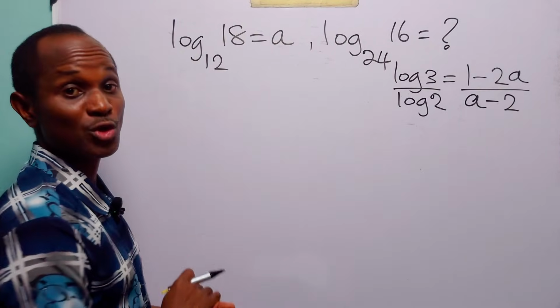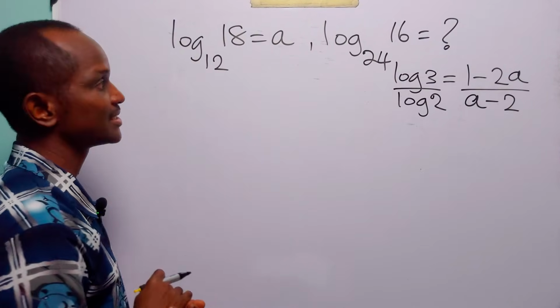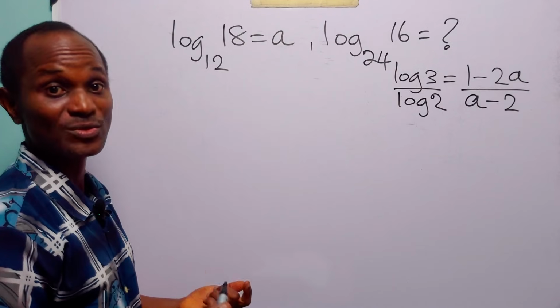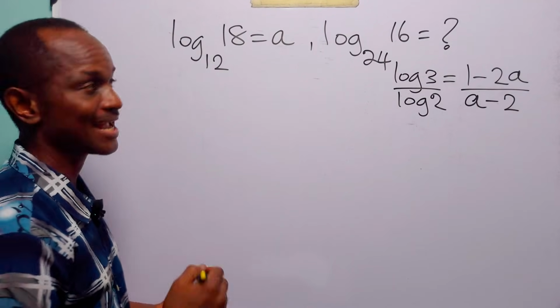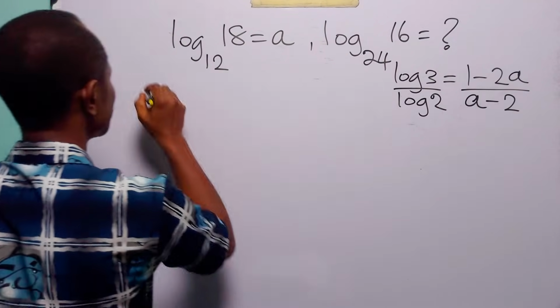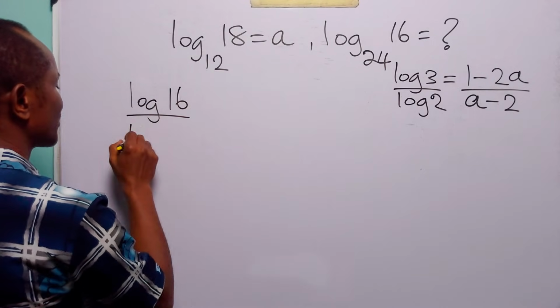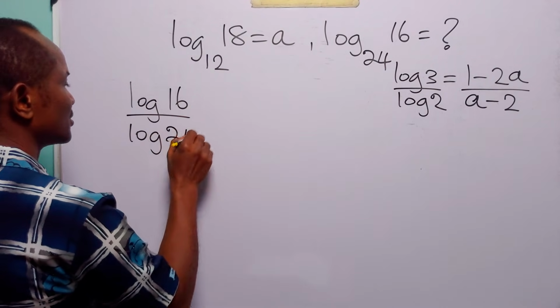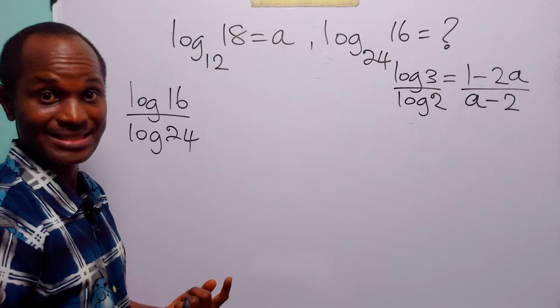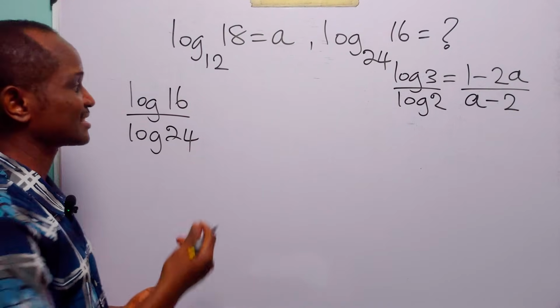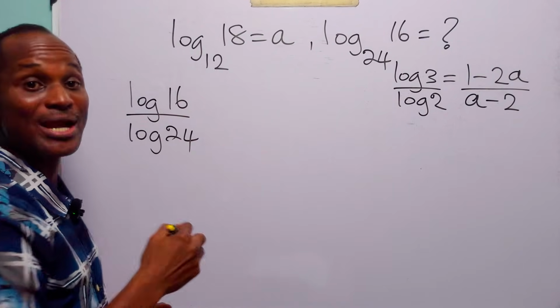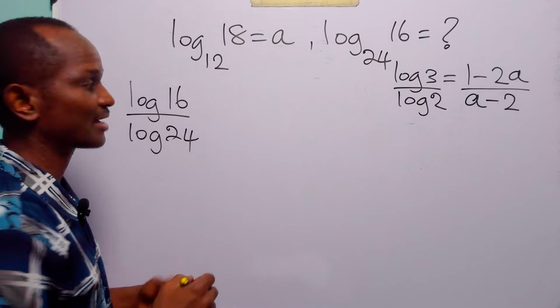Now let us come over to log to base 24 of 16. Once more, we start with changing the base to base 10. When we apply the change of base formula, we have log 16 over log 24. The next thing we are going to do is express 16 and 24 in terms of their prime factors.